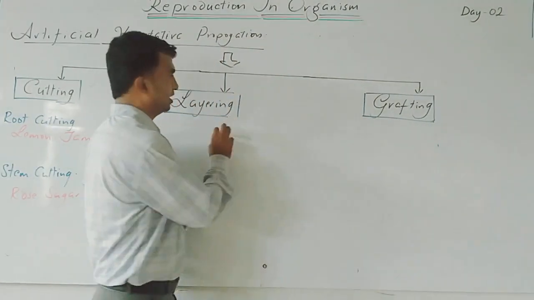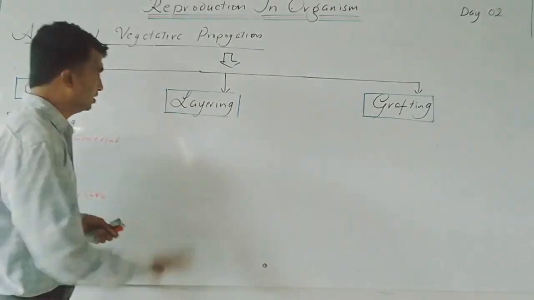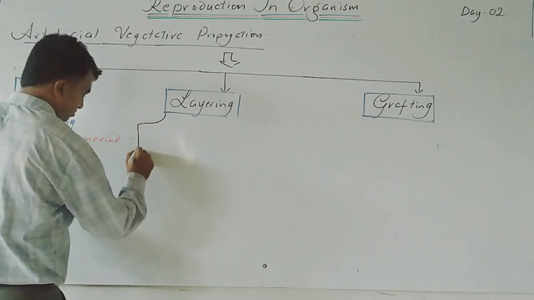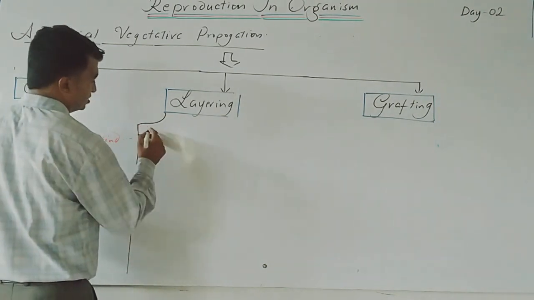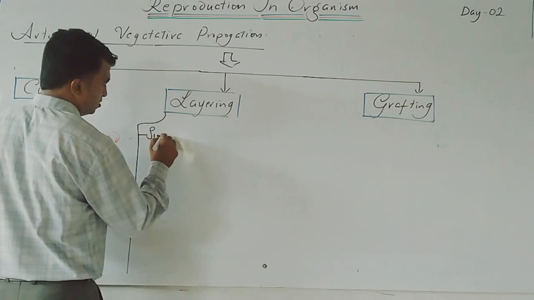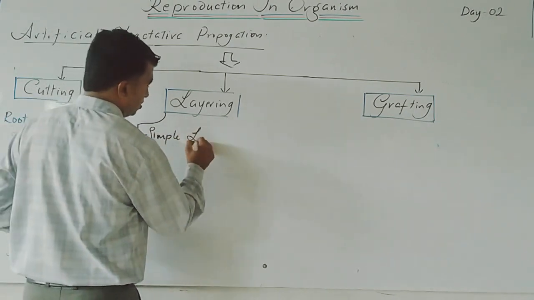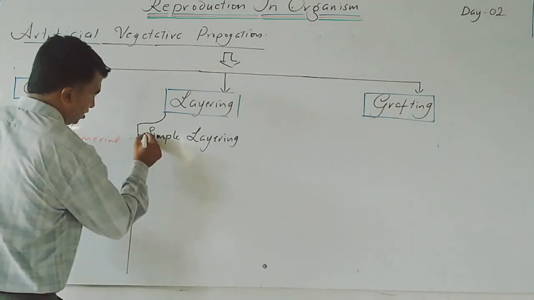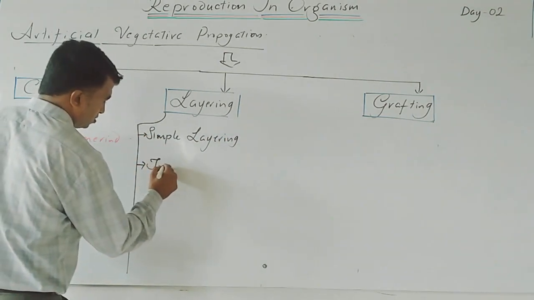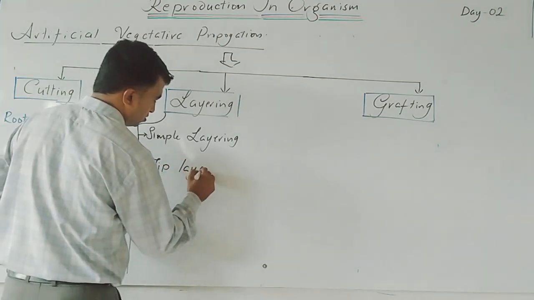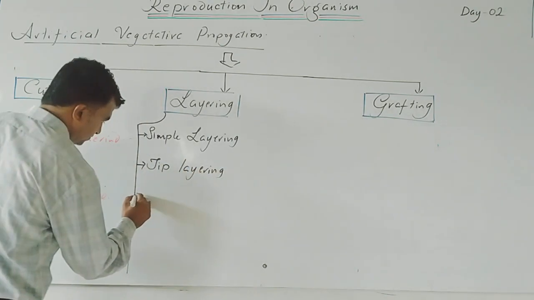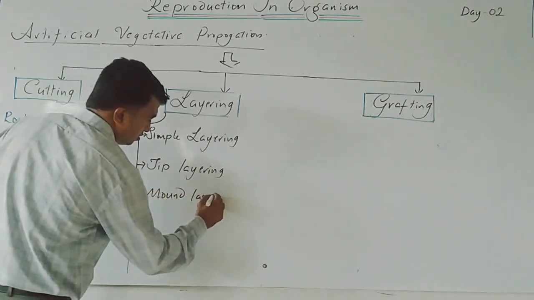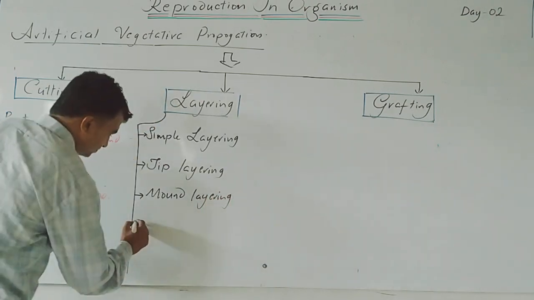Now the major part is layering and grafting. So layering means some types are there. First one is simple layering. Second one is tip layering. Mound layering.